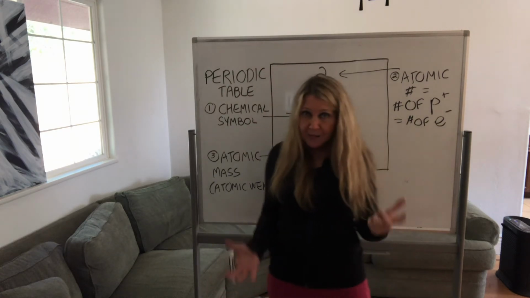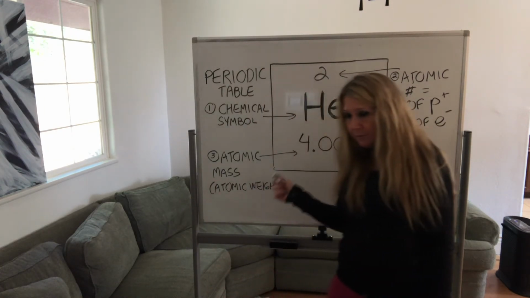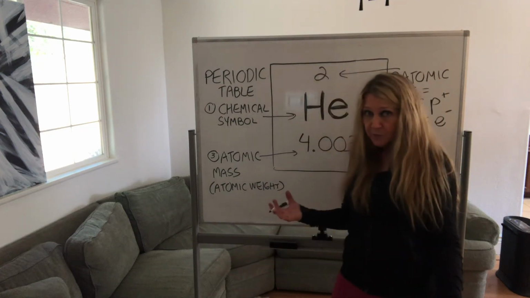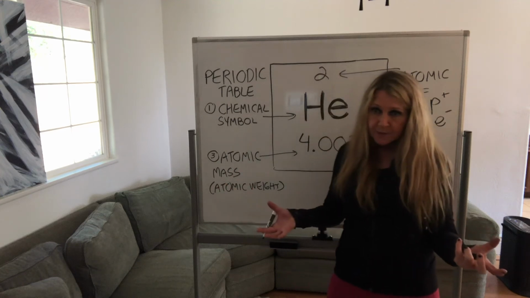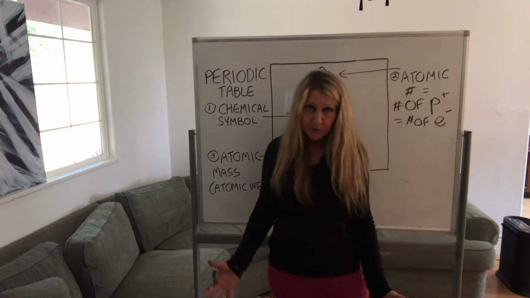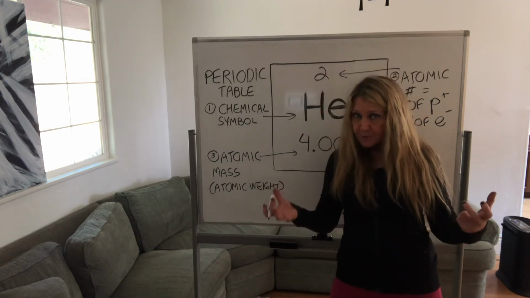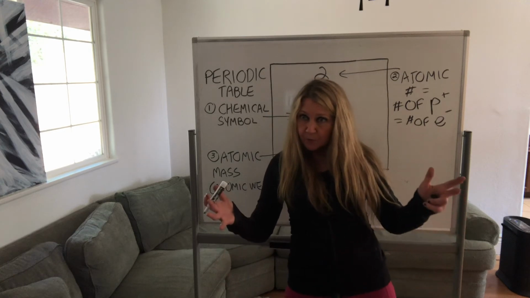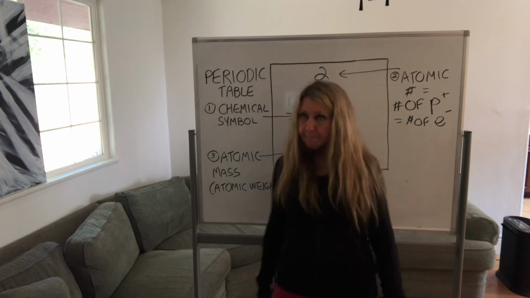Weight and mass are not the same thing, but when they talk about atomic mass and atomic weight, they're used interchangeably, even though technically weight is actually a force. It's measured in newtons. Weight is the effect that the gravitational force has on mass. So weight is equal to mass times gravitational force.